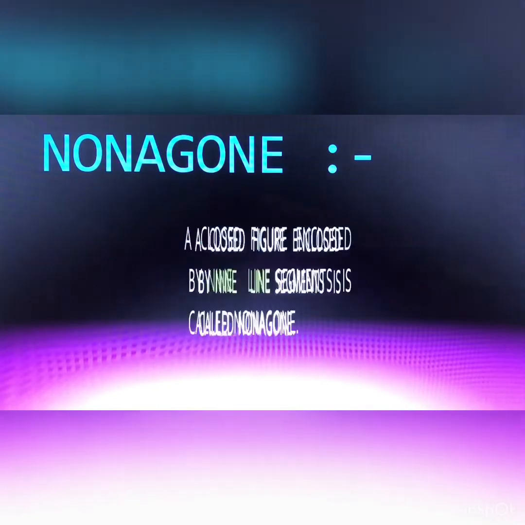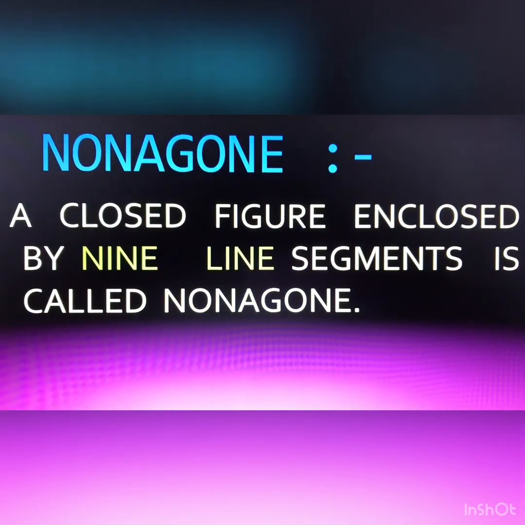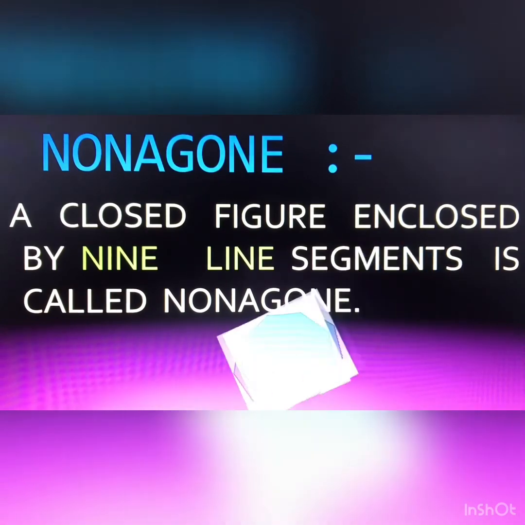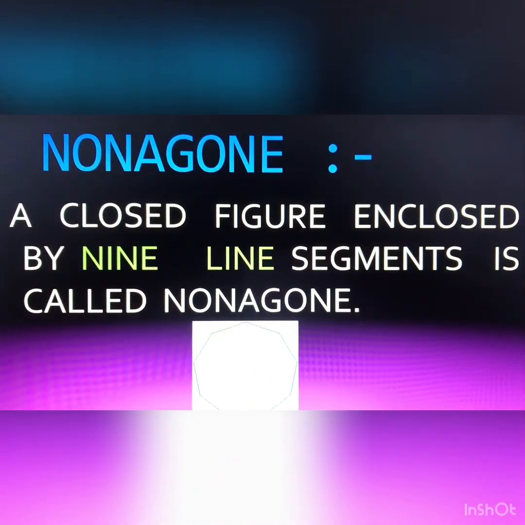What do you mean by nonagon? A closed figure enclosed by 9 line segments is called a nonagon, and you can see that this is a geometrical shape enclosed by 9 equal line segments. So this is also a regular polygon, named a nonagon because this closed figure is enclosed by 9 line segments.